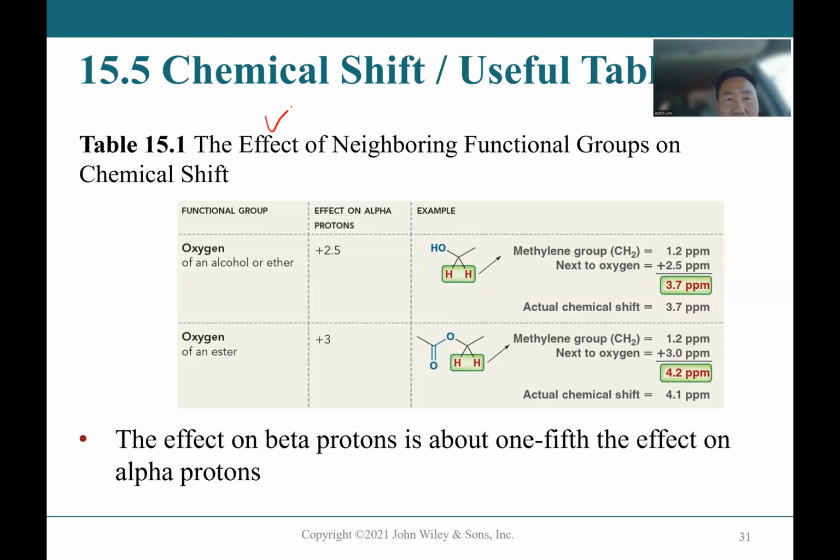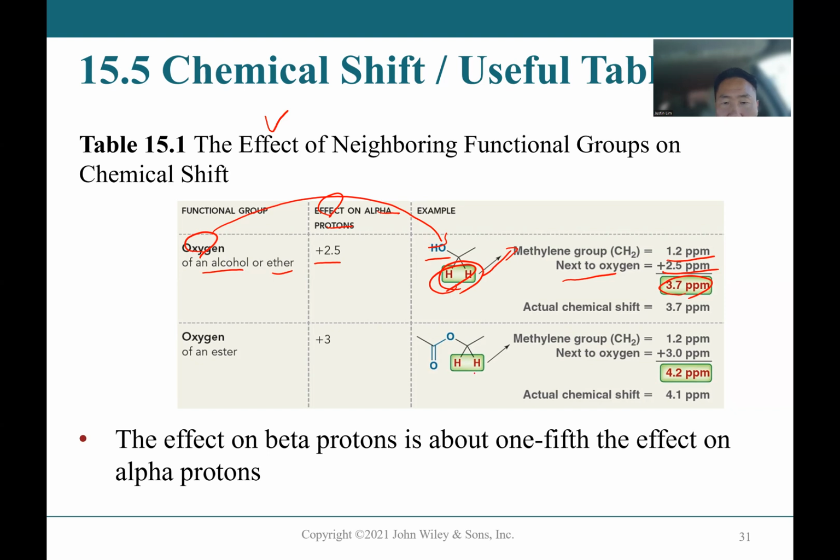So let's check the effect of neighboring functional groups on chemical shift. The oxygen of an alcohol or ether has an effect on the alpha proton of plus 2.5. This methylene group CH2 we see 1.2 ppm. But when you see the oxygen of an alcohol next to it, adding 2.5 ppm, we see this proton around 3.7 ppm.